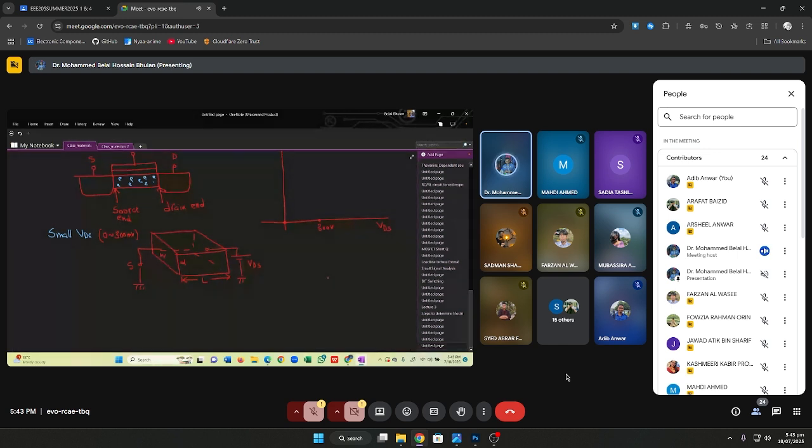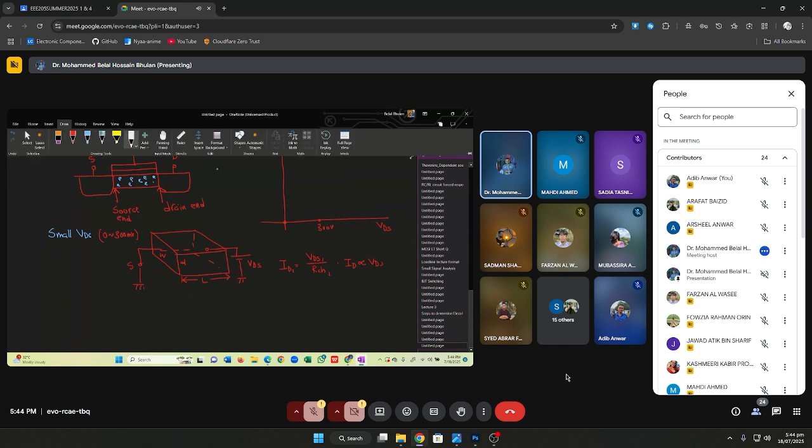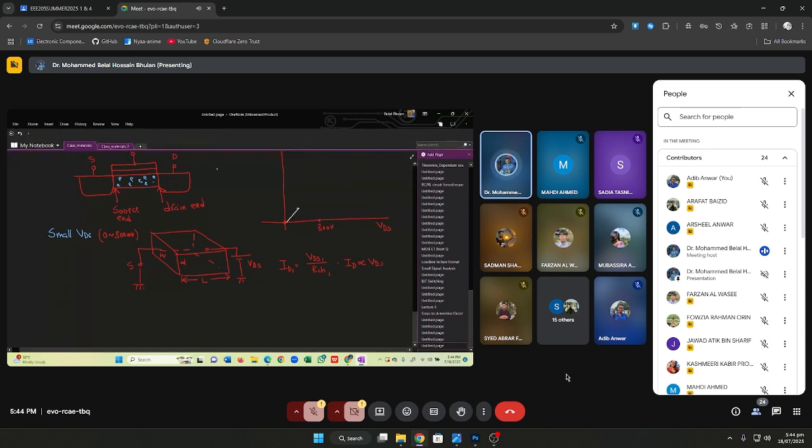So we can determine the current ID1 as VDS1 divided by RCH1. ID is linearly proportional to VDS, so the IV characteristics look like this. This is for small values, so it changes linearly.